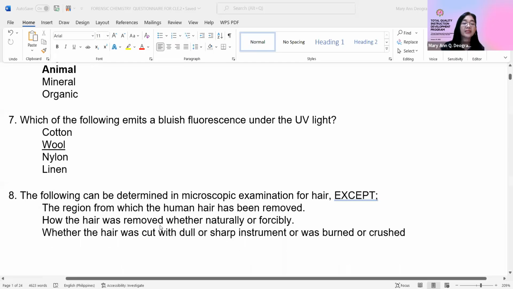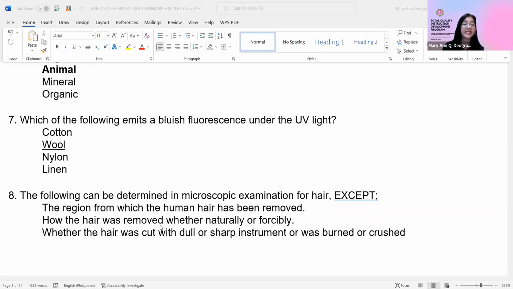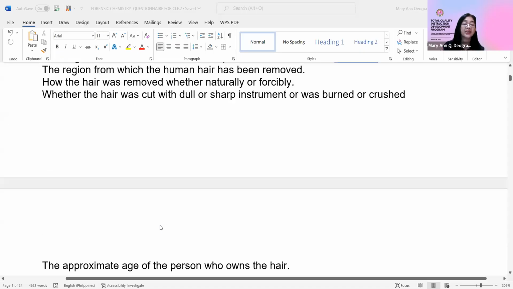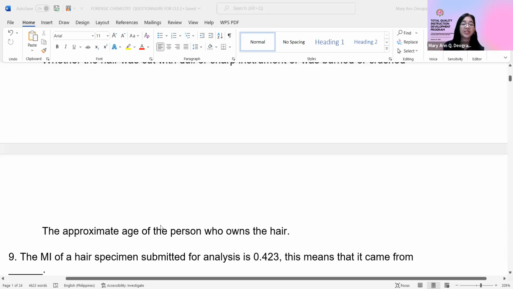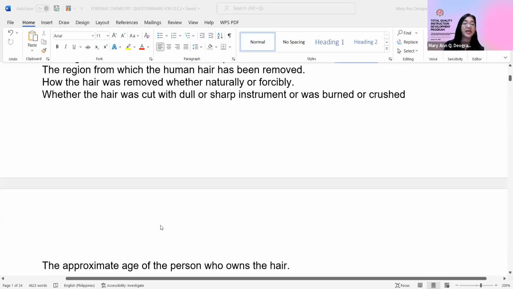Okay, number 8. The following can be determined in microscopic examination for hair except: the region from which the human hair has been removed; how the hair was removed, whether naturally or forcibly; whether the hair was cut with a dull or sharp instrument or was burned or crushed; letter D, the approximate age of the person who owns the hair.